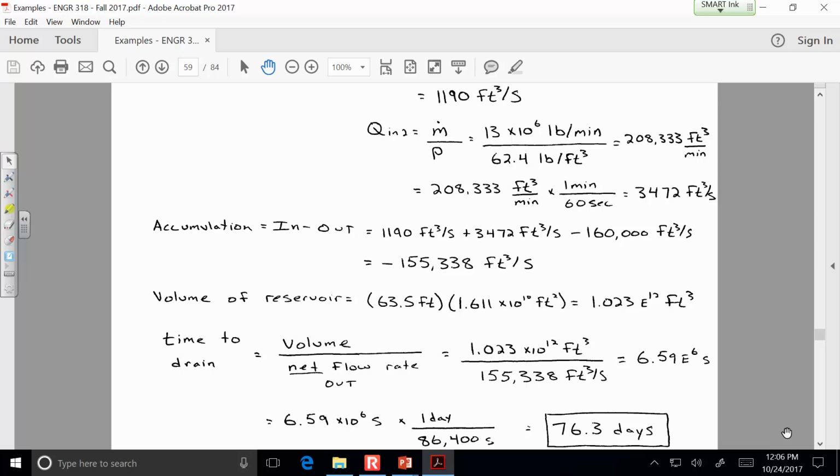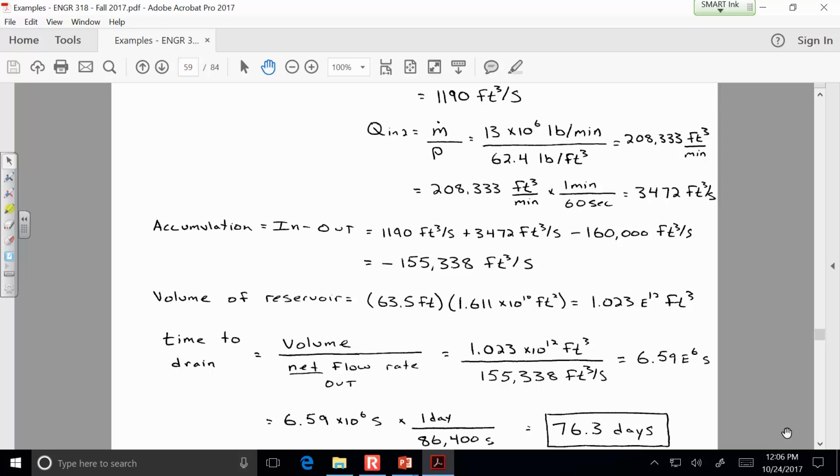And so what would that do to our estimate? If the water level decreasing slows down the outflow rate, would that increase or decrease the amount of time it takes? It's going to make it even longer, because the outflow rate would be declining. So this is actually a best case scenario, that it takes 76 days.